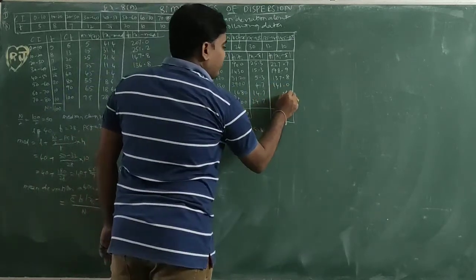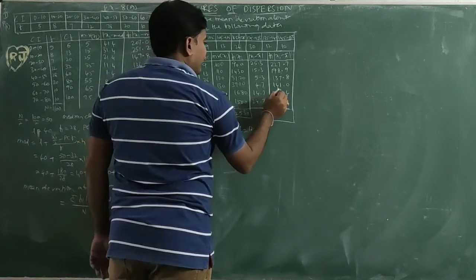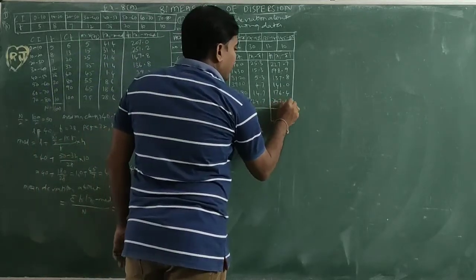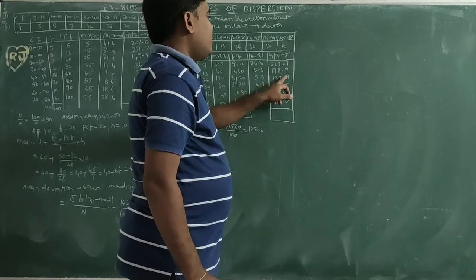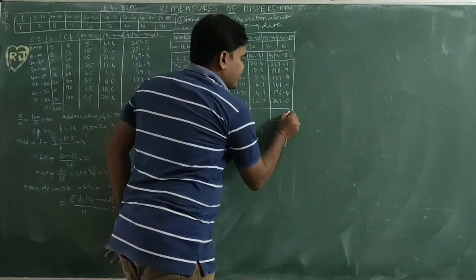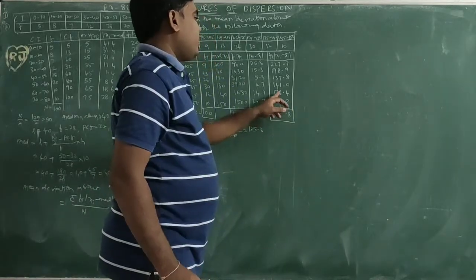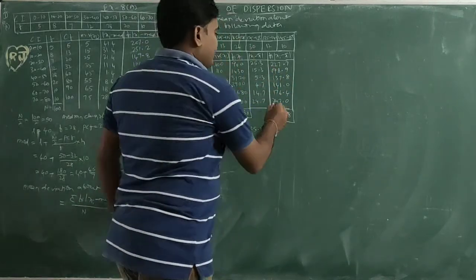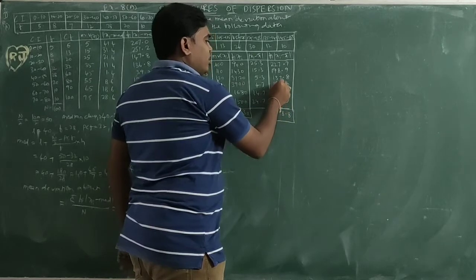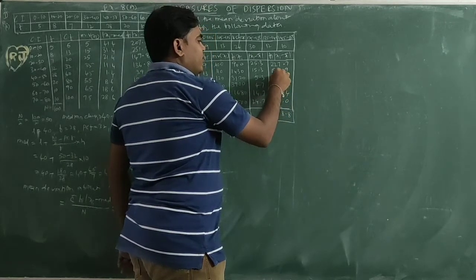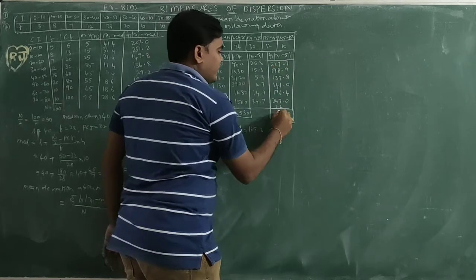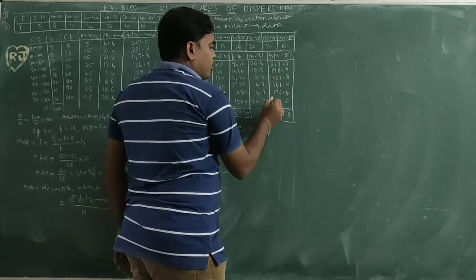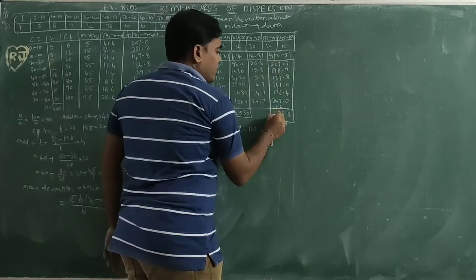Next, 12 into 7, 84. 12 into 4, 48 plus 8, 56. 176.4. So 247. Next, adding up all the values.